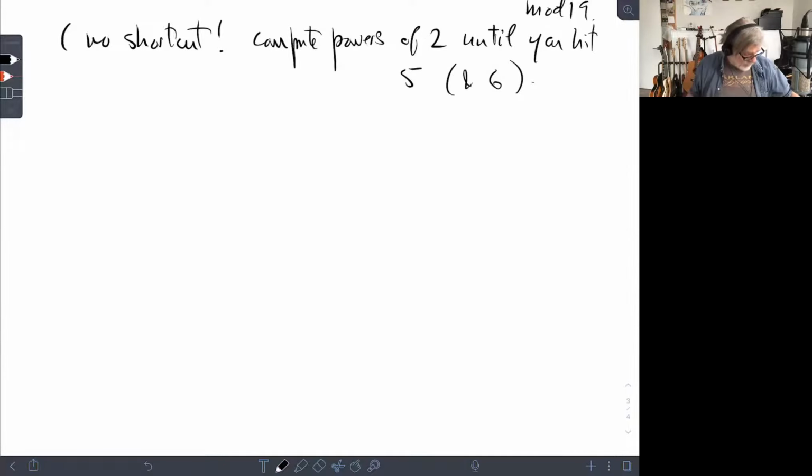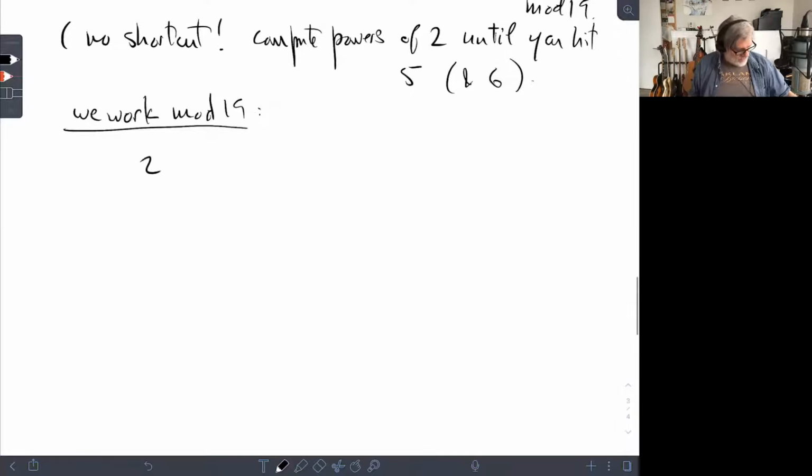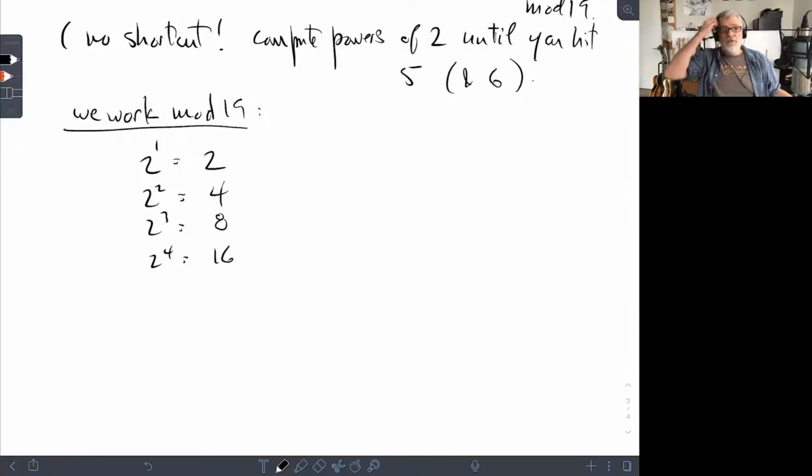So I'm working mod 19. 2 to the power 1 is 2. 2 power 2 is 4. 2 power 3 is 8. 2 power 4 is 16. Then I'm going to move on to 32, but I'm really lazy, so I'm going to see this as 19 minus 3 is 16, so this is the same as minus 3.